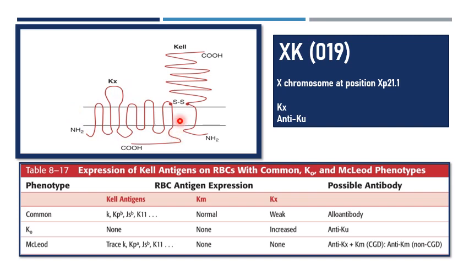They are linked by a disulfide bond, and that's why the KEL antigen is dependent on the presence of the XK protein. So when KEL antigens are denatured with AET or DTT, the expression of the KX increases.